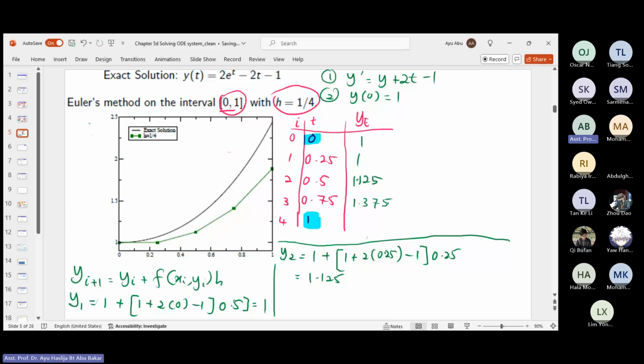The rest get the same. y4, how about y4? 1.75. Otherwise, you get the same.